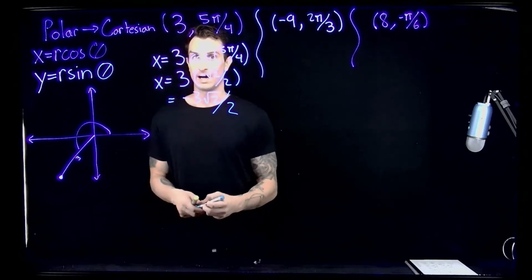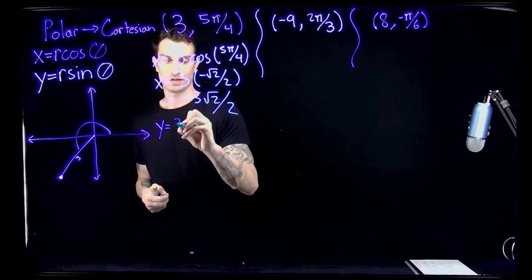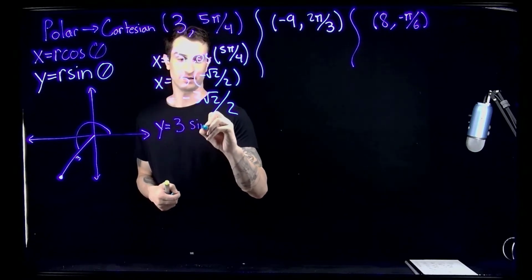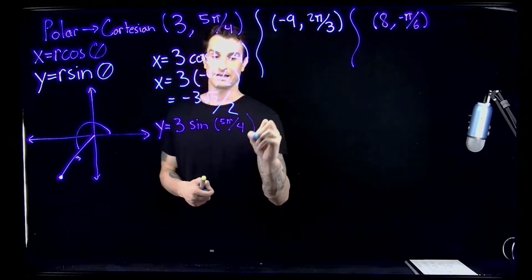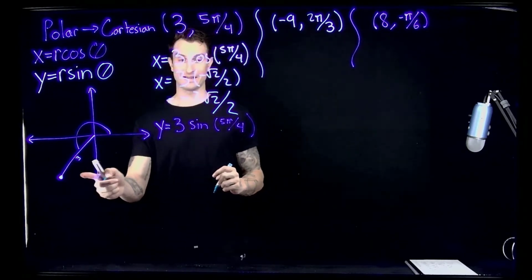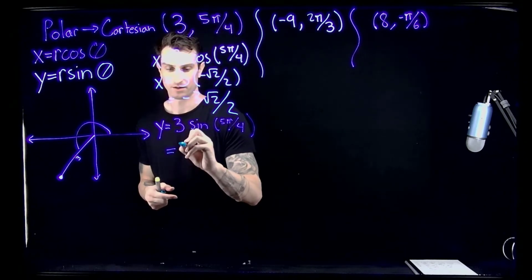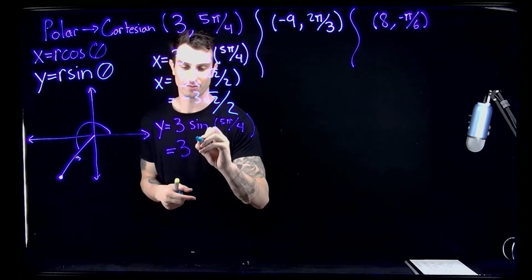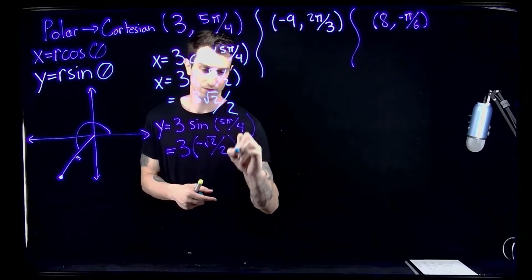And we can do y is equal to 3 sine of 5 pi over 4. And again here, think about what our y is. Our y is also negative. So this is also going to be a negative rad 2 over 2.